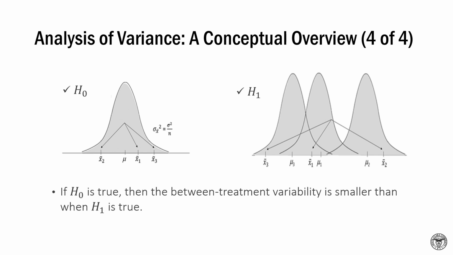When comparing these two representative graphs, we can infer that if the null hypothesis H0 is true, then the between treatment variability, which is the variance between the treatment means from treatment sample to treatment sample, is smaller than when H1 is true.